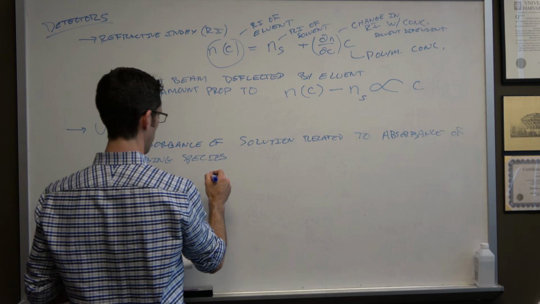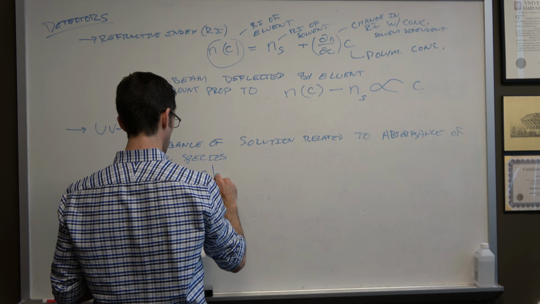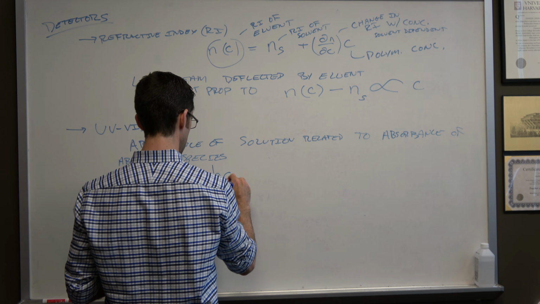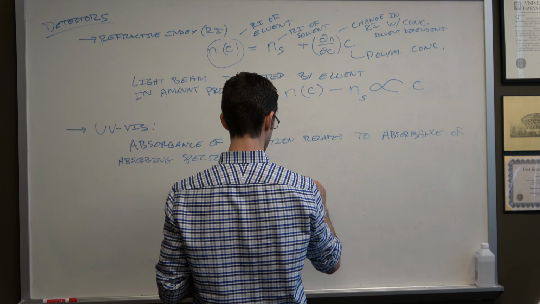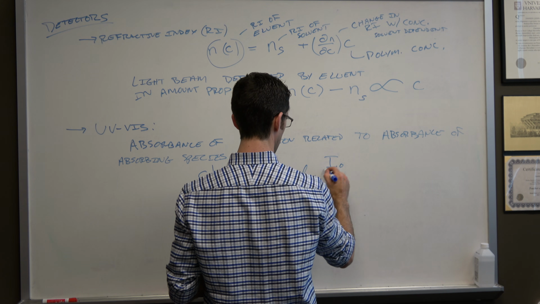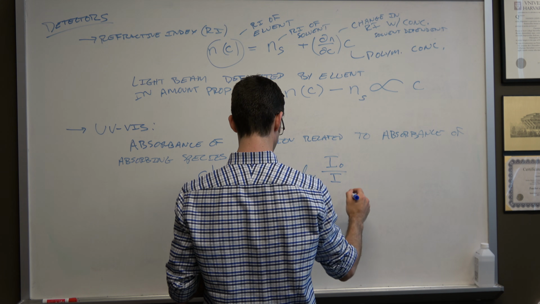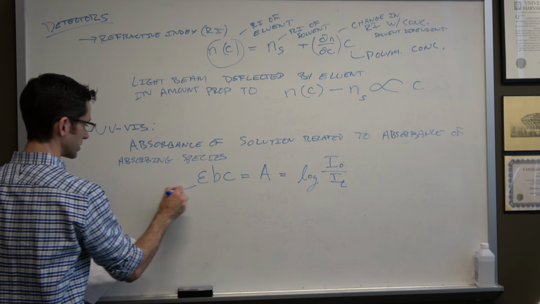by Beer's law, which is A = epsilon b C, where the absorbance equals the base 10 log of I naught over I T. Now what is all this stuff?